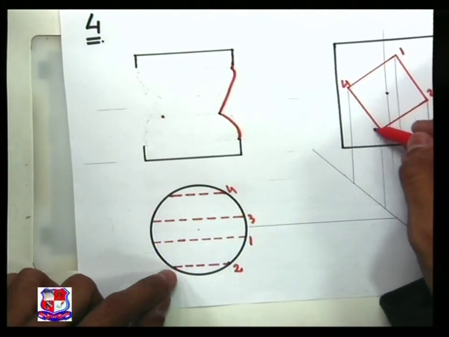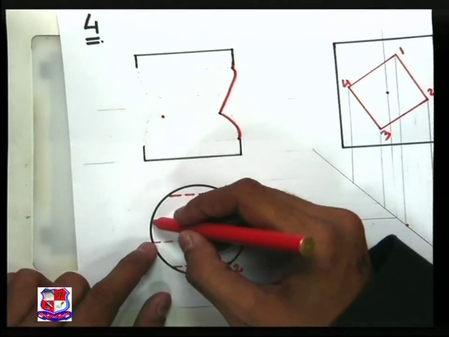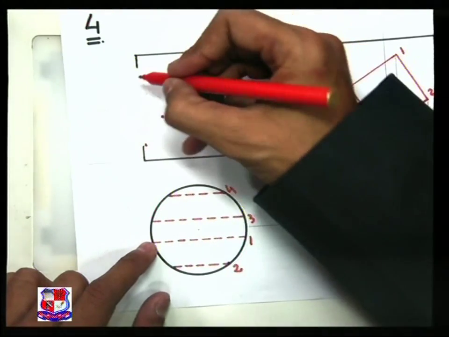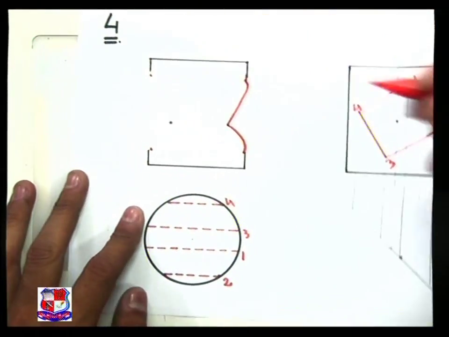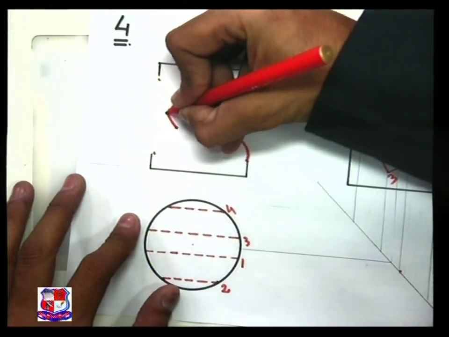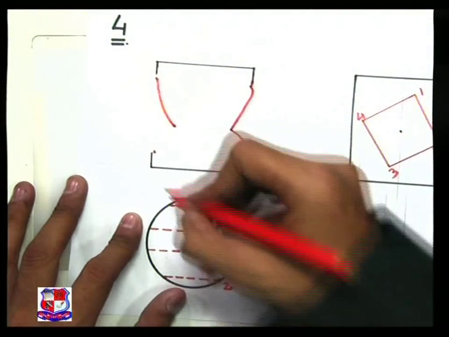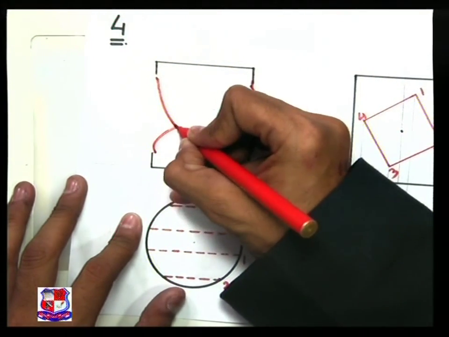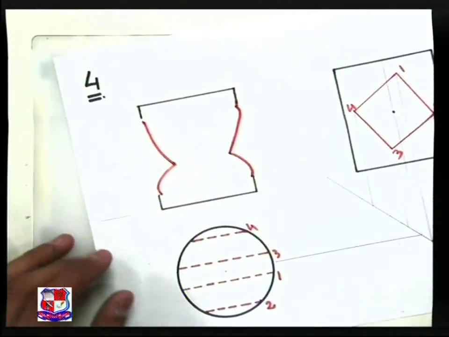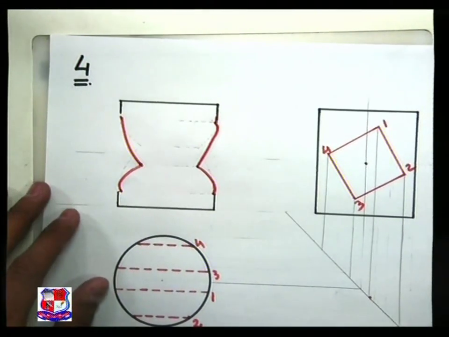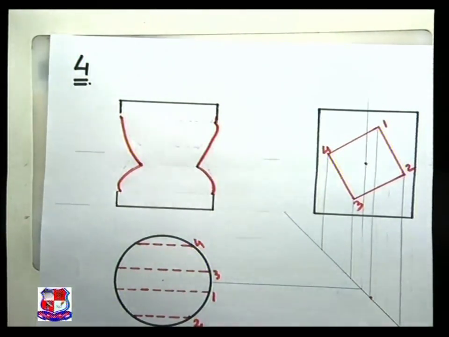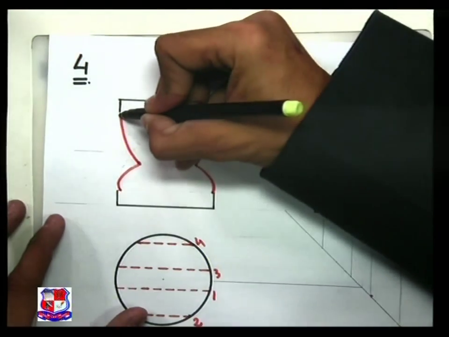For point number 3, draw a horizontal line, so the point would be here, and point number 1 would be here. So on this side also join with a smooth curve. This would be the asymmetrical shape of this intersectional hole.